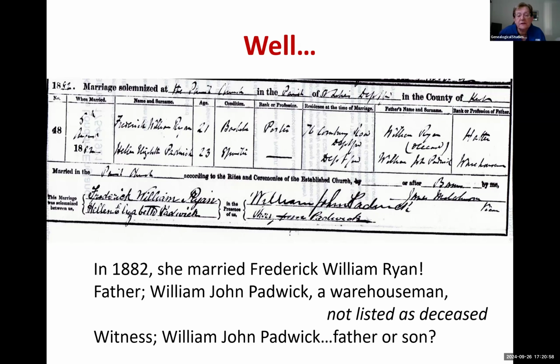In this instance, we don't know who signed the marriage register. It could have been her brother, William John Padwick, or it could have been the father, William John Padwick. We don't know. But William John Padwick is not down as deceased on that marriage certificate.